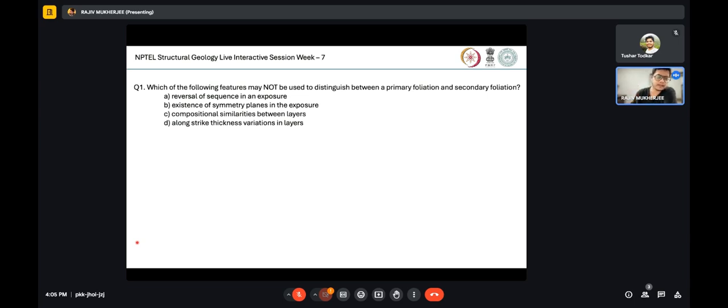So if we talk about primary foliations, they can come from two types of rocks, which are sedimentary origin and another one is igneous origin.